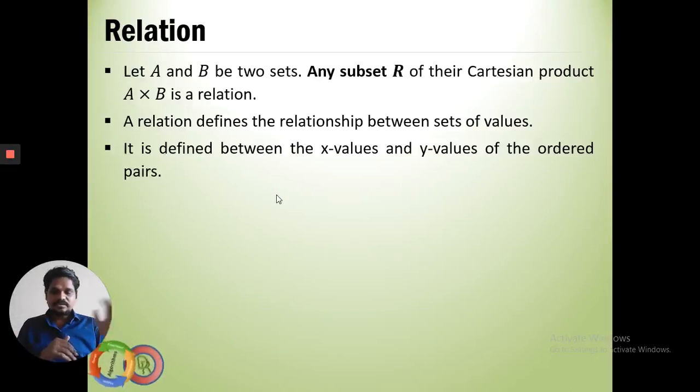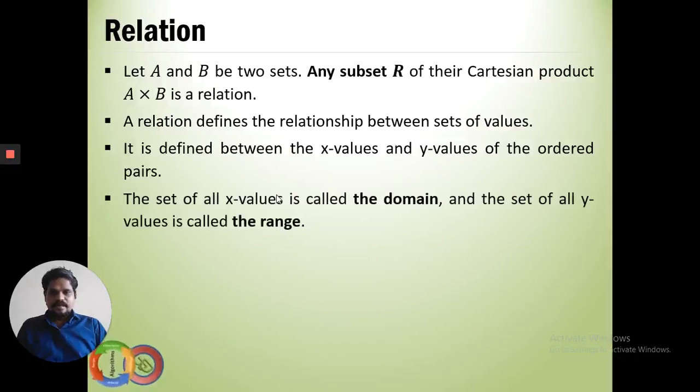It is an element related to another element. In the Cartesian product, every element from the first set is related to every element from the second set, whereas a subset of it is also a relation.